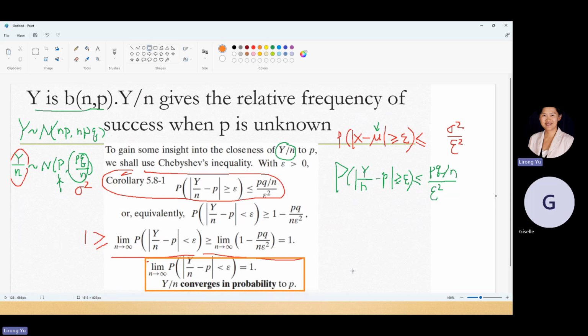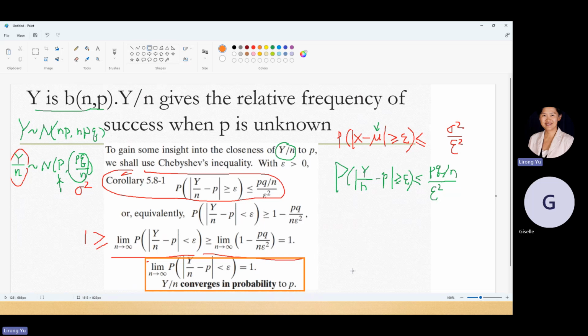So the probability that Y over n minus p is less than whatever boundary you give it equals 1. Because if you make n go to infinity, the Y over n in the probability term equals the underlying probability when the sample size gets bigger and bigger. Any question?